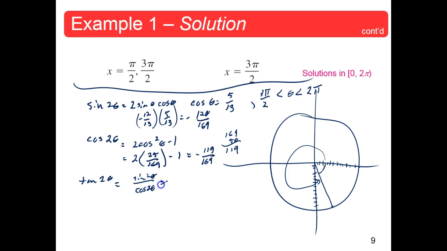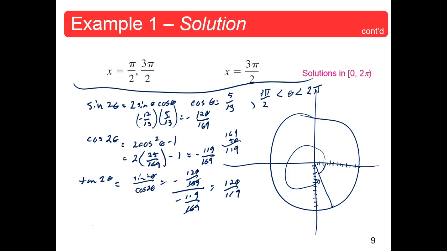And for lazy people like me, that would be negative 120 over 169 divided by negative 119 over 169, which would be negative divided by negative is positive. The 169s you can divide out, 120 over 119. Awfully close to 1. Not quite, but close.